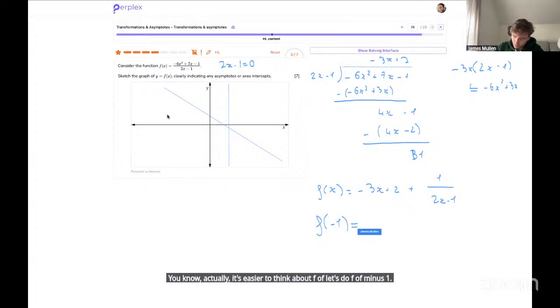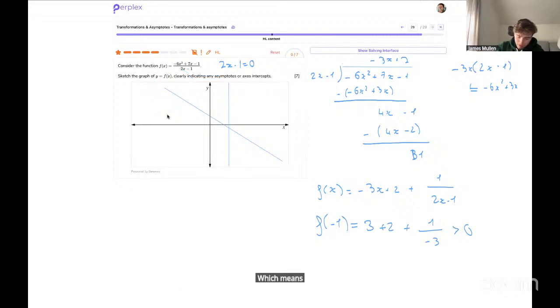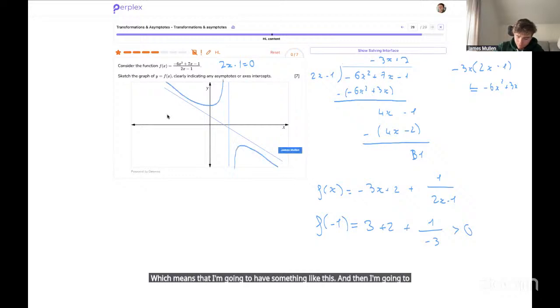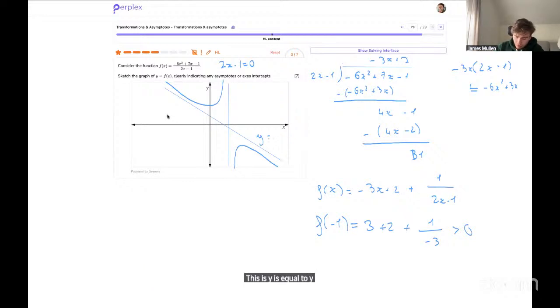That's going to be 3 plus 2 plus 1 over minus 3. That's going to be positive. It's going to be greater than 0. So I have to be somewhere over here. Which means that I'm going to have something like this, and then something like this. This is y is equal to negative 3x plus 2. This is x is equal to 1 over 2.